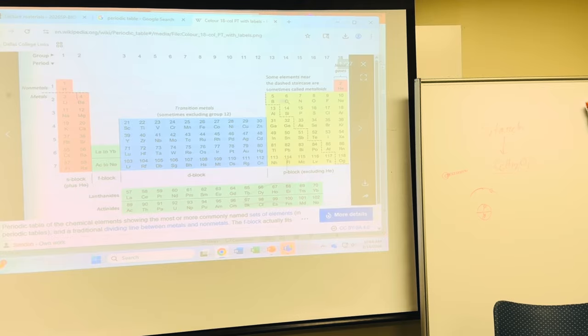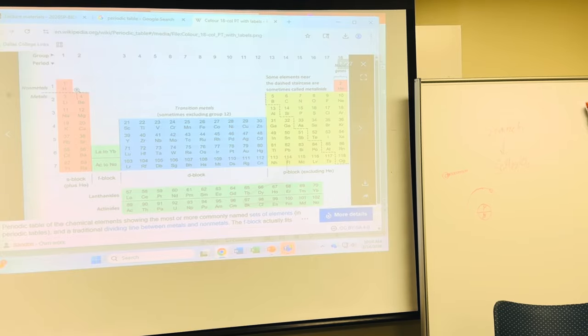The numbers you see right here, these numbers are identifying numbers. Do you know what this number actually is? This is the number of proton. So the number of proton is like the identifying characteristic.